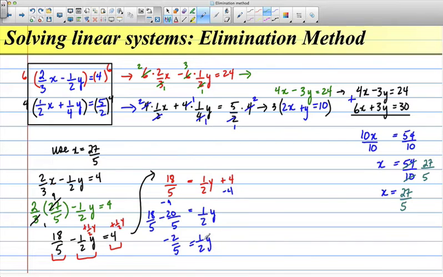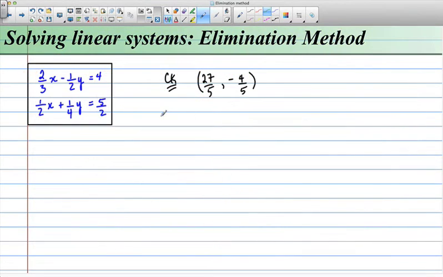We need to isolate the y, so we'll multiply by 2 both sides. And we are left with negative 4/5 is equal to y. Our solution then is 27/5, comma, negative 4/5.